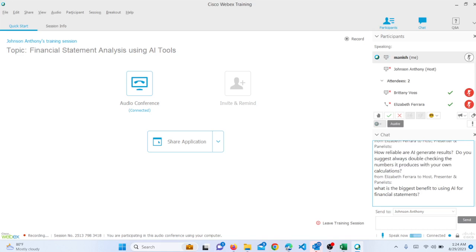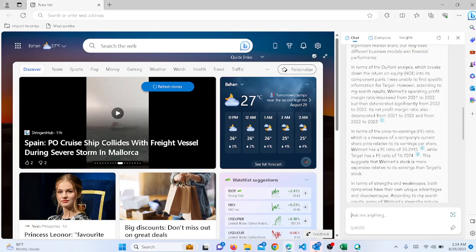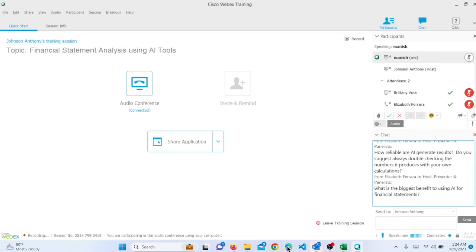The biggest benefit of using AI for financial statements is going to be reducing your time on research. For example, like I showed you on the bank, you can ask ChatGPT to collect the information, not only the financial information, but also the non-financial information, market research, and other sorts of trending data, which can be used for the analysis part.